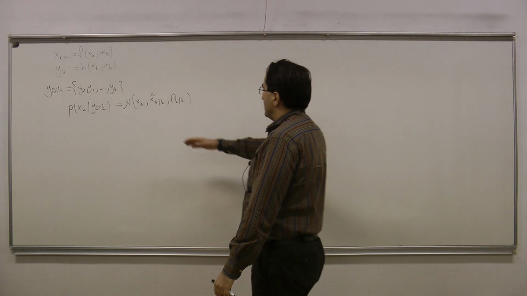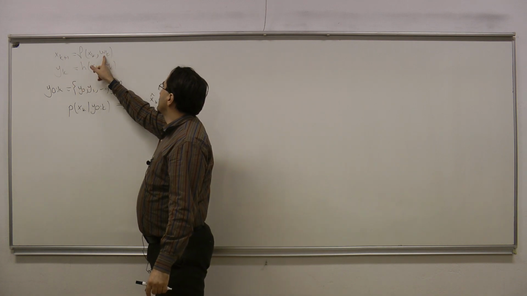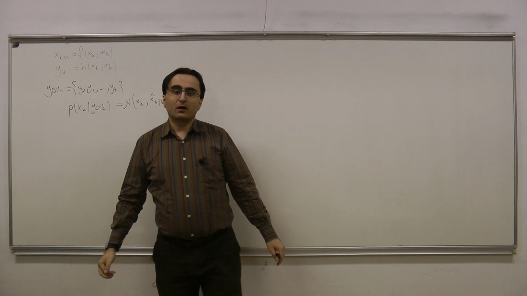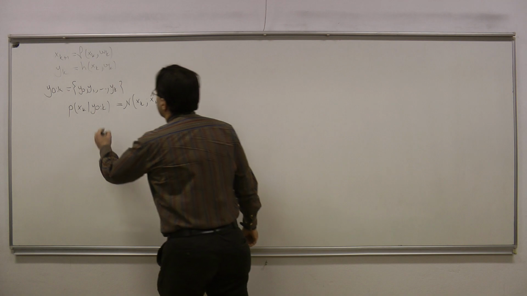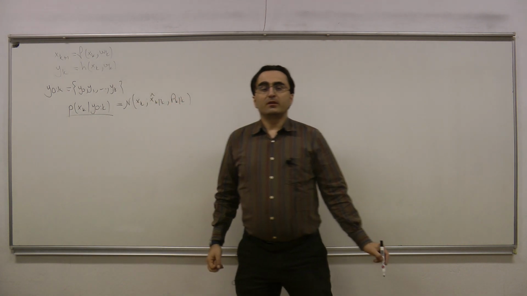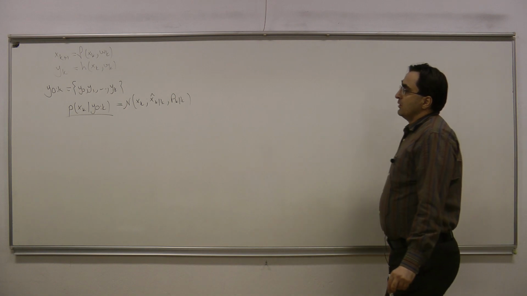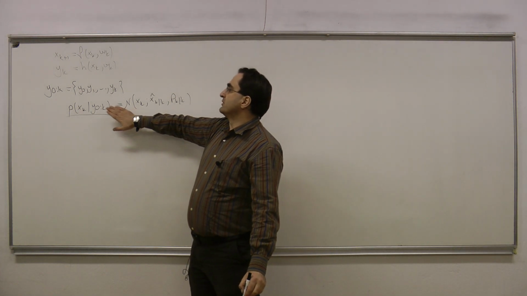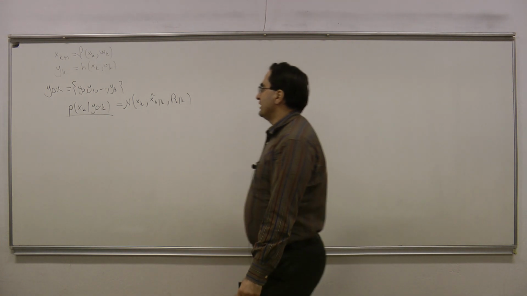But in the general case, if f and h are nonlinear and w_k and v_k are not Gaussian, the only thing that we can do is to calculate this distribution, and that distribution in general will not be a Gaussian distribution. So it would be important how such a distribution evolves in time. What do I mean?